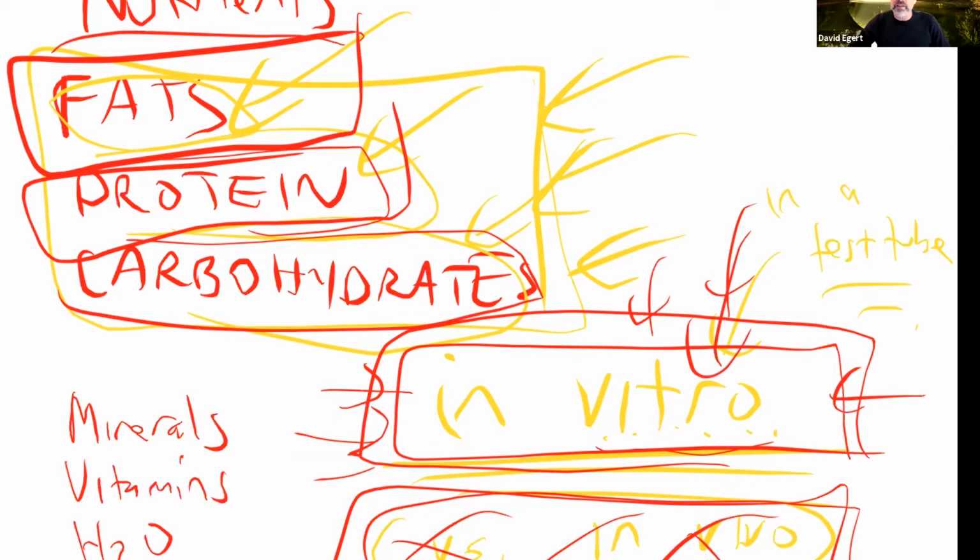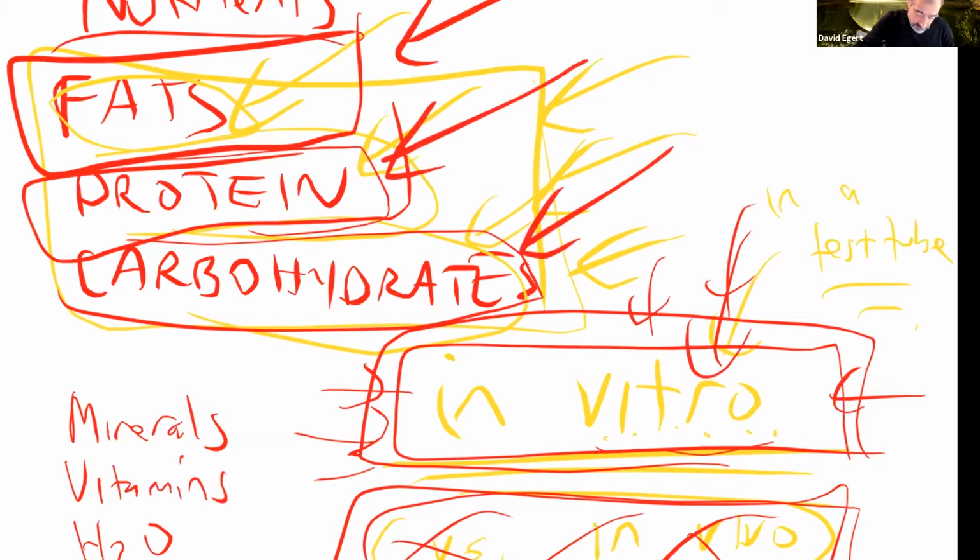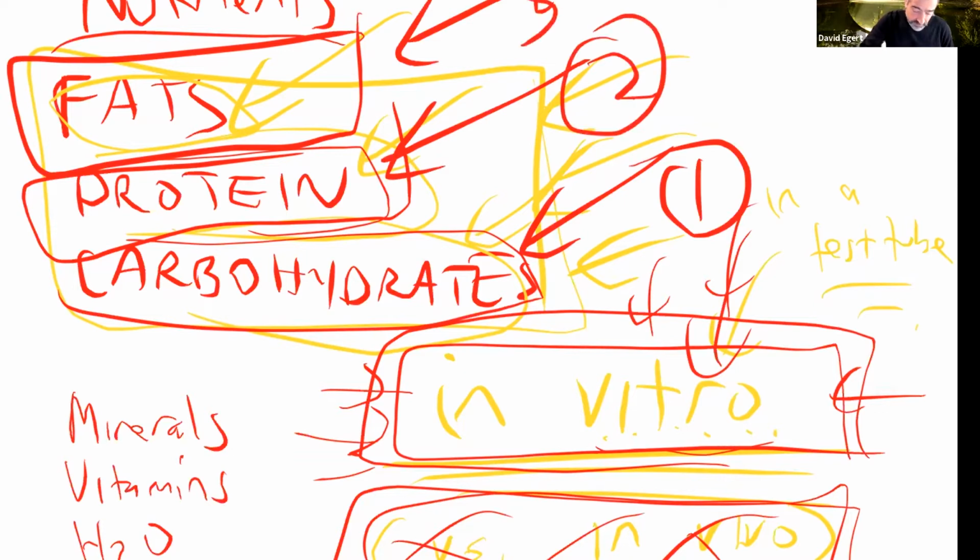So that's kind of the big picture. I'll start with carbohydrates, then go to protein, then go to fats, and talk about the specifics. What is our example for each? For carbohydrate, we're just going to use starch.